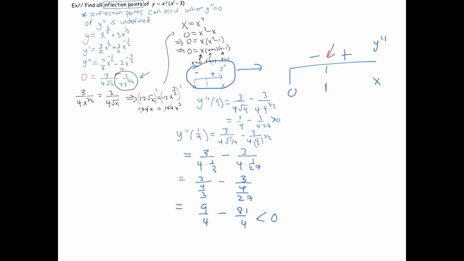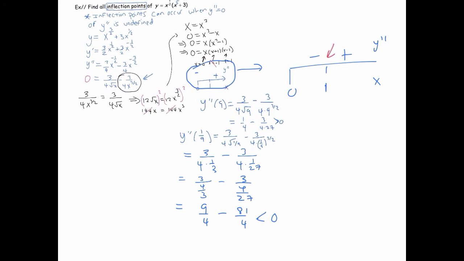Because if you plug 1 into the first derivative, over here, you get out a number, right? You're not dividing by 0, you're not taking the square root of a negative. That means that you can draw a tangent line. So this is an inflection point, because the concavity changed and a tangent line could be drawn in this case because the first derivative exists. So we have an inflection point.